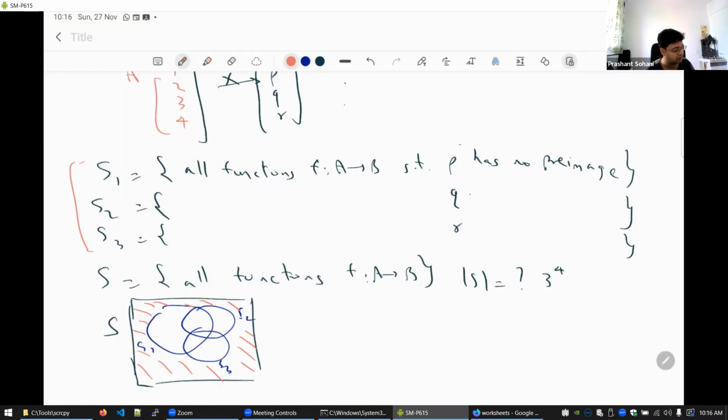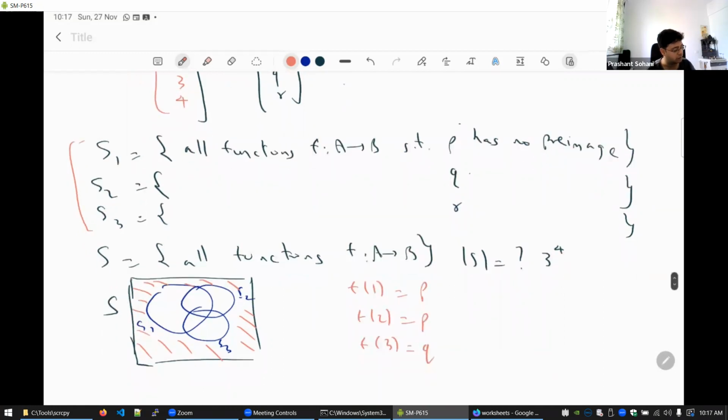Let us say F1 is P, F2 is P, F3 is Q, and F4 is also Q. So which of the 3 sets S1, S2, S3 will this function belong to? Will it belong to S1?